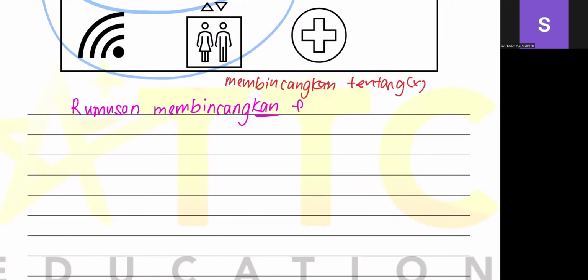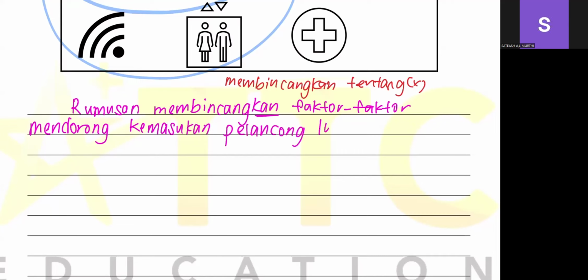So the first title is we need to gandakan faktor-faktor, because we say a lot of reasons. It's not just one reason. So faktor-faktor mendorong kemasukan pelancong luar ke negara kita.